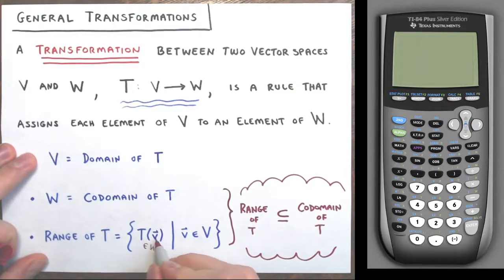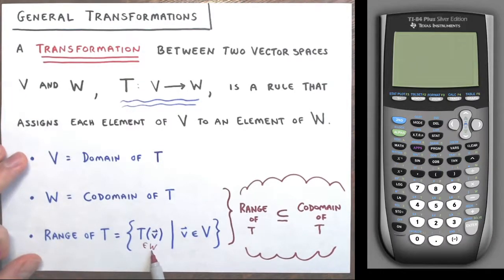So T of V here belongs to W. And it's all the vectors belonging to W such that the input vector was from the domain, right? So it's just a set of all the outputs, all the actual outputs that are actually mapped to by the transformation T. That's the range.